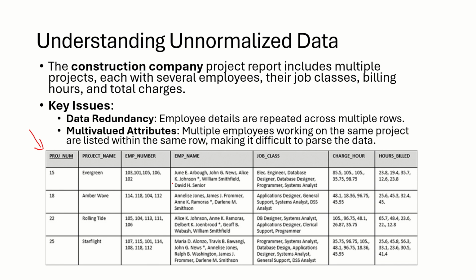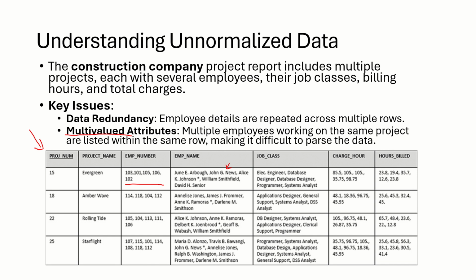You can see some of the attributes are multi-valued attributes. Multiple employees in one cell, across the same project, listed in the same row, makes it difficult to parse the data. More importantly, some employee details are repeated across multiple rows.